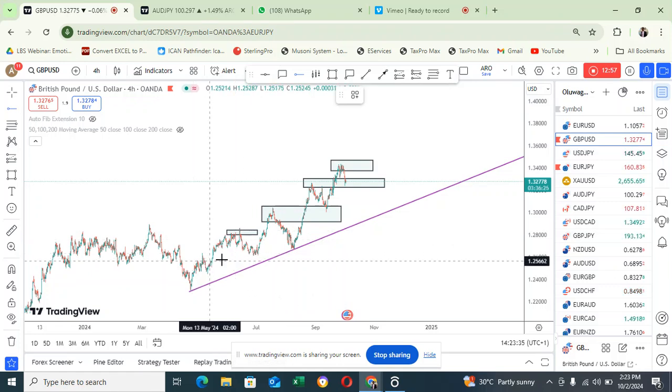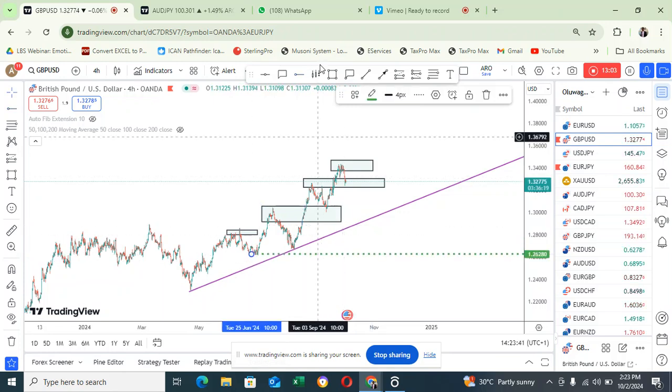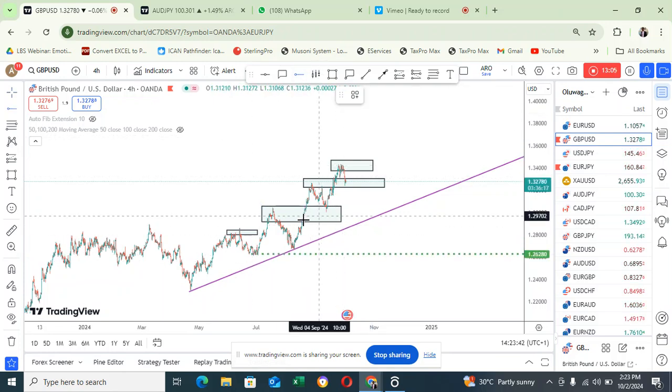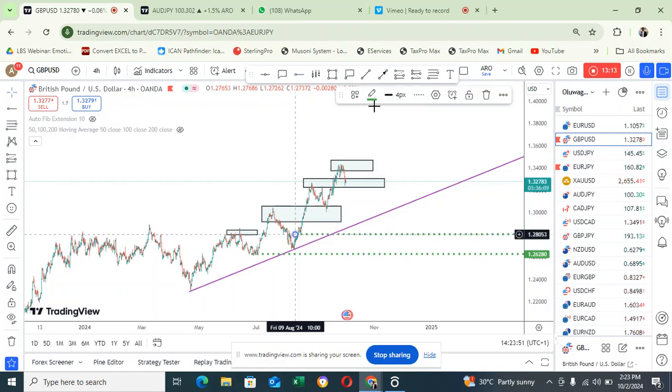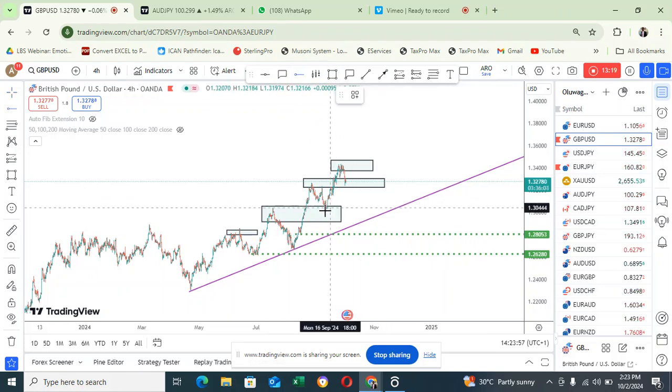So this is a higher low, this higher low, there's another higher low. Let's recognize this. Then we have another higher low here, we have a higher low here.